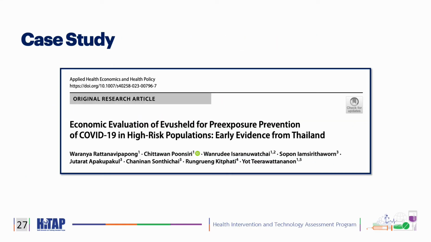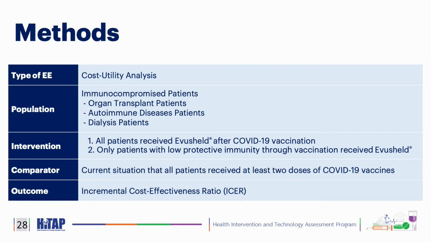For the case study of how to conduct the Markov model, I would like to use as an example the economic evaluation of EvoShield for pre-exposure prevention of COVID-19 in high-risk populations. So starting from identifying the population, intervention, comparator and outcome, right?